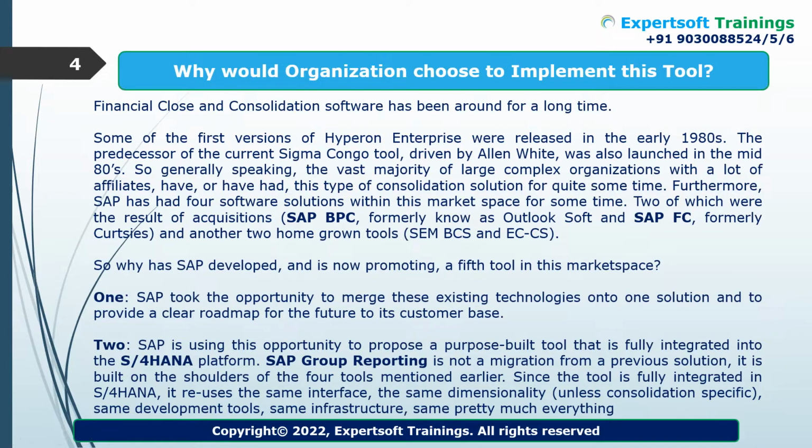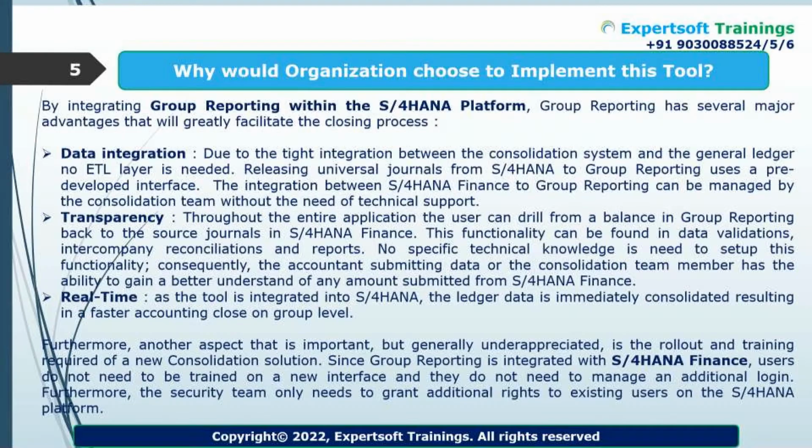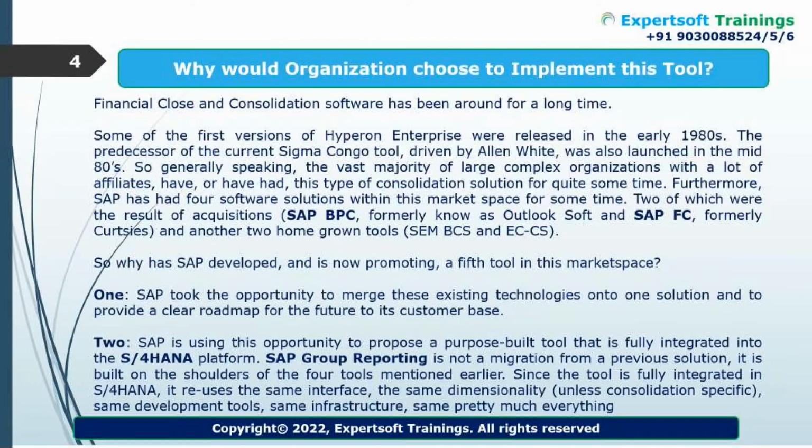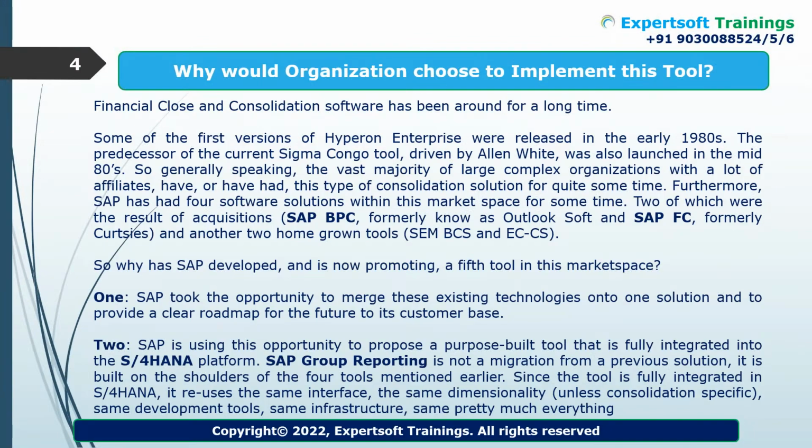We already have four tools, and these are probably used by existing clients who are still continuing. Now we have the fifth tool, group reporting, which has been promoted since the 1809 version. That is when SAP group reporting started.